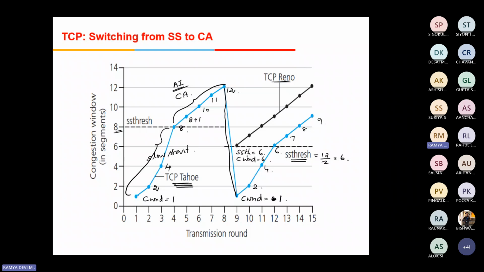So it will not drop the congestion window entirely to 1. It will not start from 1; instead, half of the current window size will be considered for both the threshold value and the congestion window, and it goes to the additive increase. Okay, so this is additive increase. This one is multiplicative decrease.